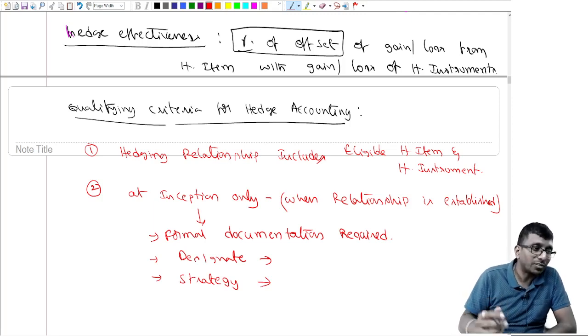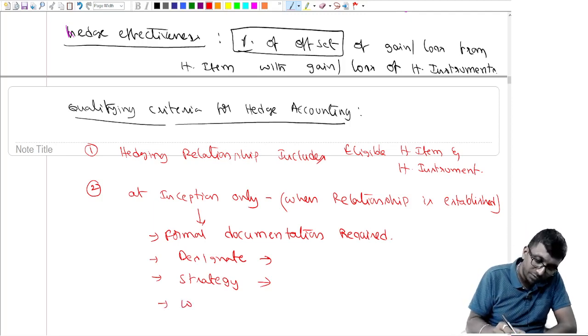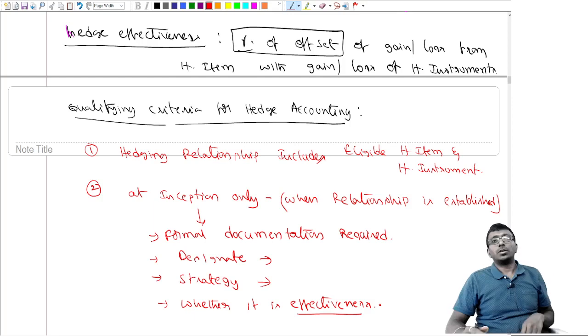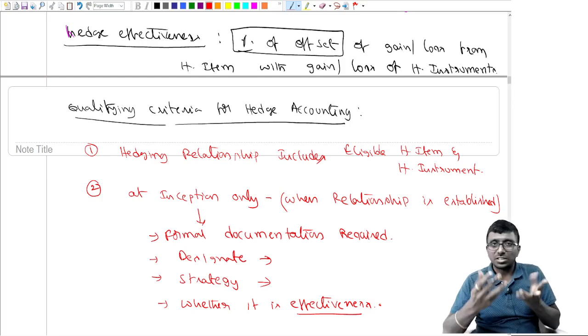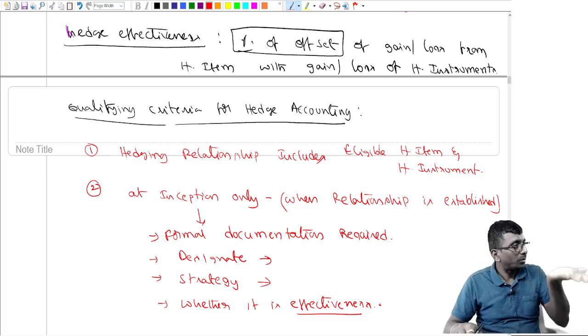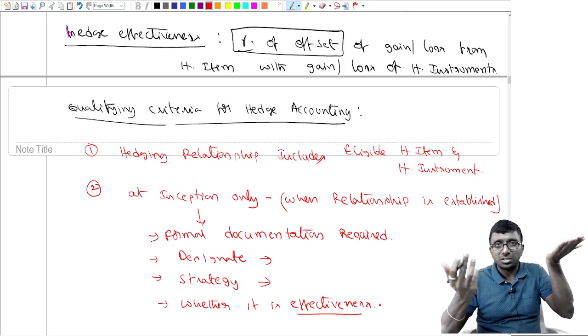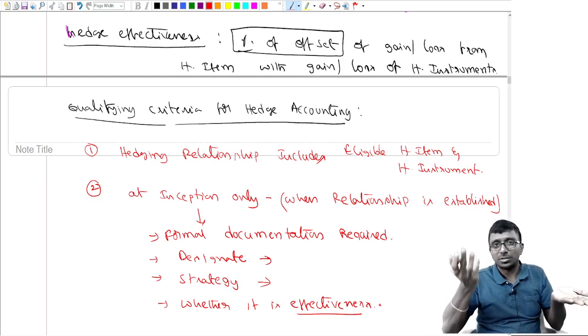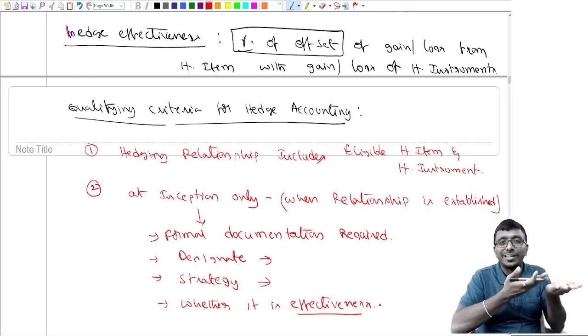Next, whether it will meet effectiveness, whether it is effective or ineffective. Because if it is an effective portion, we will follow hedge accounting. If it is ineffective, it is not offsetting. Suppose risk is going up here and my hedging instrument is not reducing the risk. Here I am making loss, here also I am making loss. That means this instrument is not actually hedging.